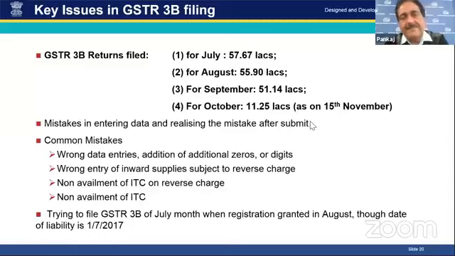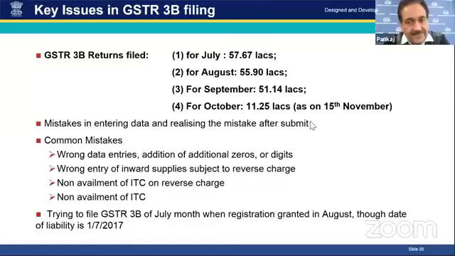So it might have applied in the month of July, but registration was issued in the month of August. Certain taxpayers are a bit confused that in the return dashboard only the return of August is being displayed and not the month of July, because they were not registered in the month of July.